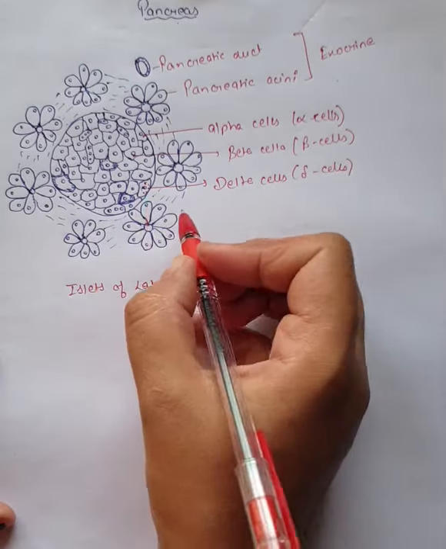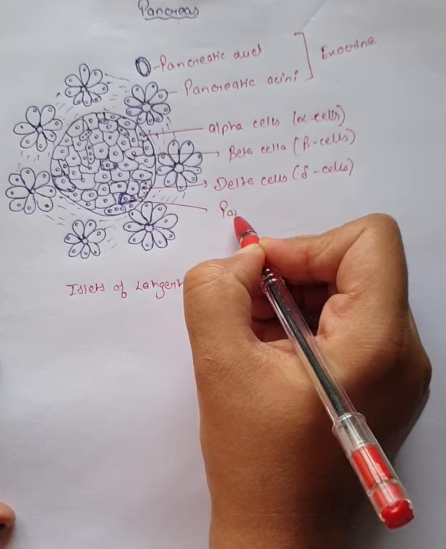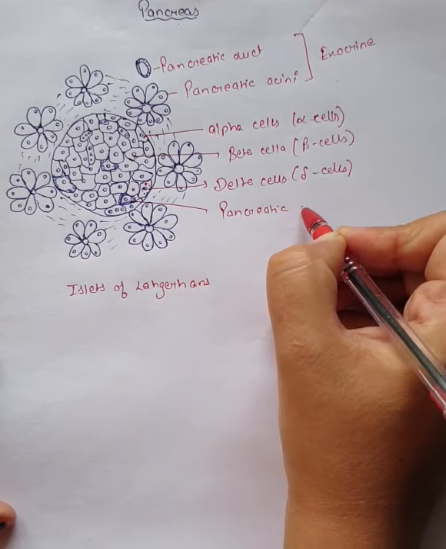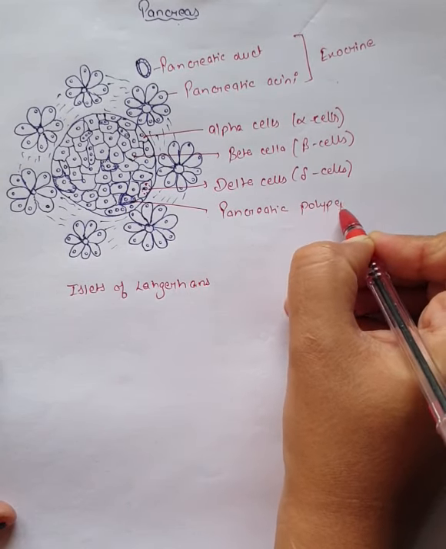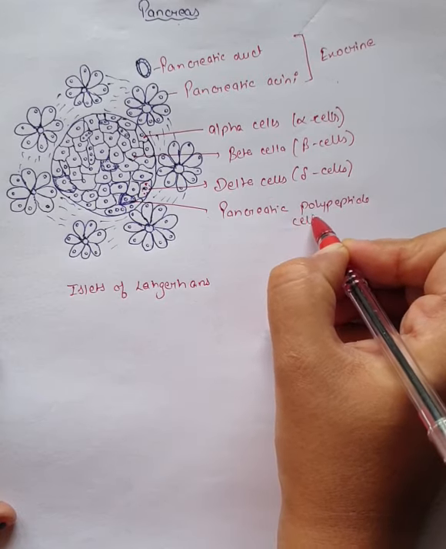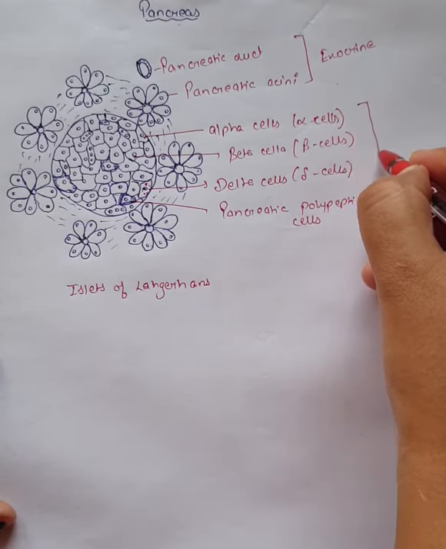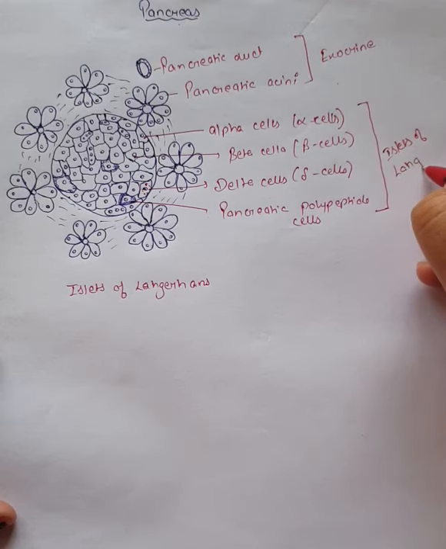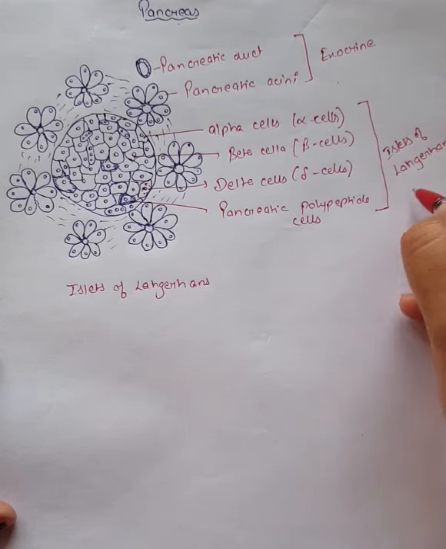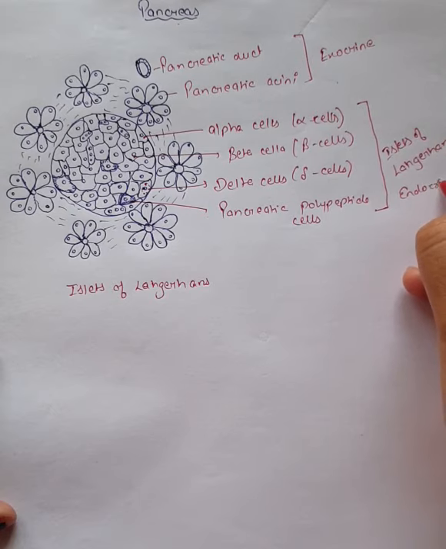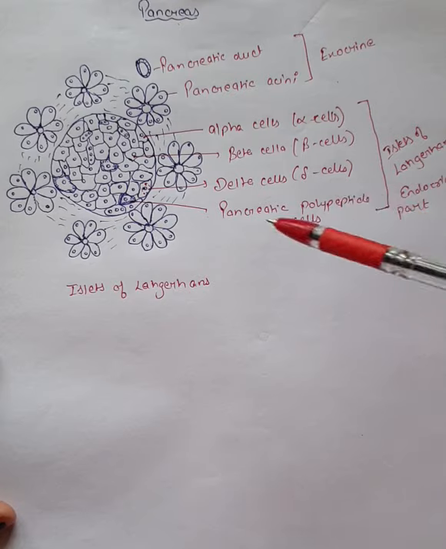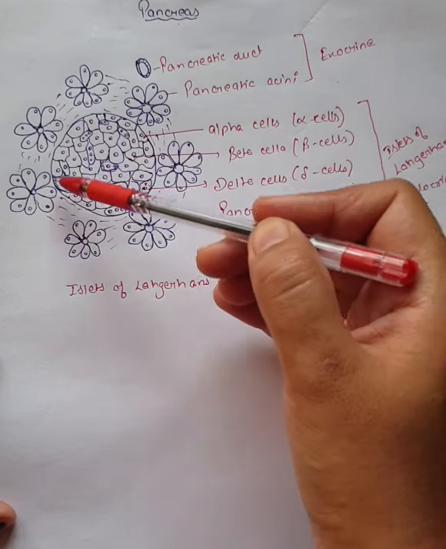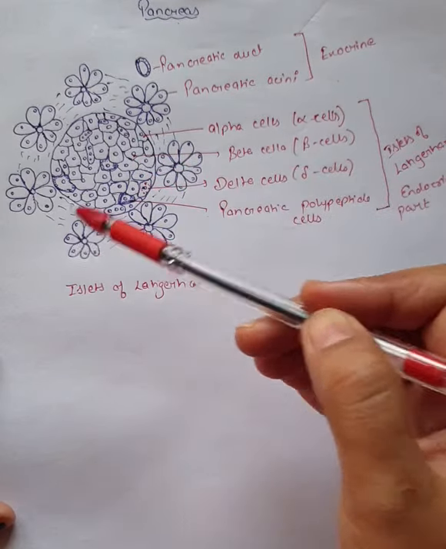And last are the pancreatic polypeptide cells. All these four types of cells together are known as the islets of Langerhans, and this is the endocrine part of the pancreas. So the pancreas is a heterocrine gland that is composed of an endocrine segment and an exocrine segment.